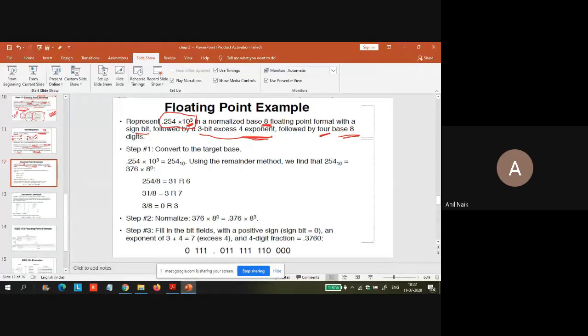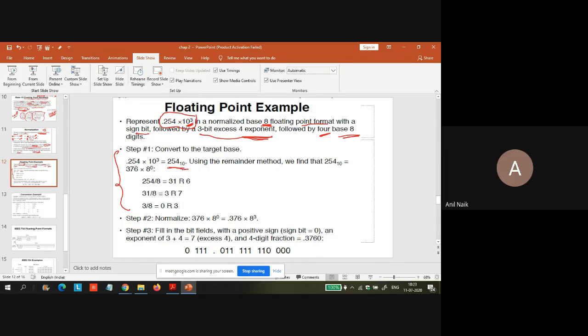So step 1: convert to the target base, which is octal. So 0.254 times 10 raised to 3 is equivalent to 254, and we need to convert it into octal.